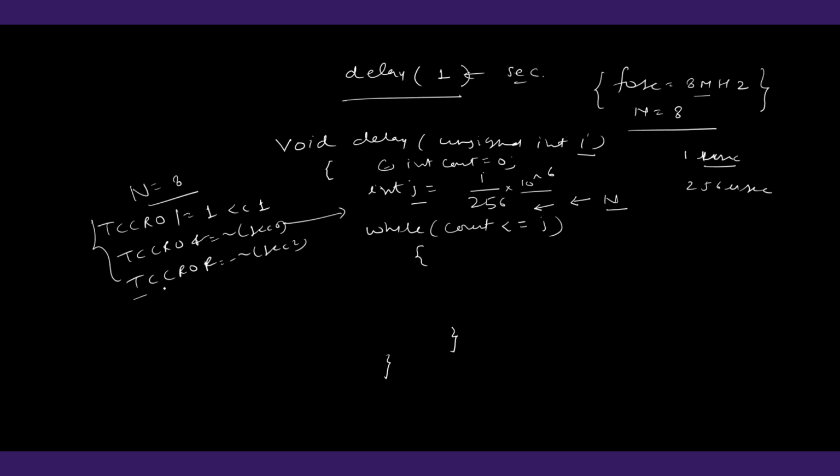After execution of these statements, the timer will start counting the pulses. Now we have to check this condition using the while loop, and we also have to check the flag.